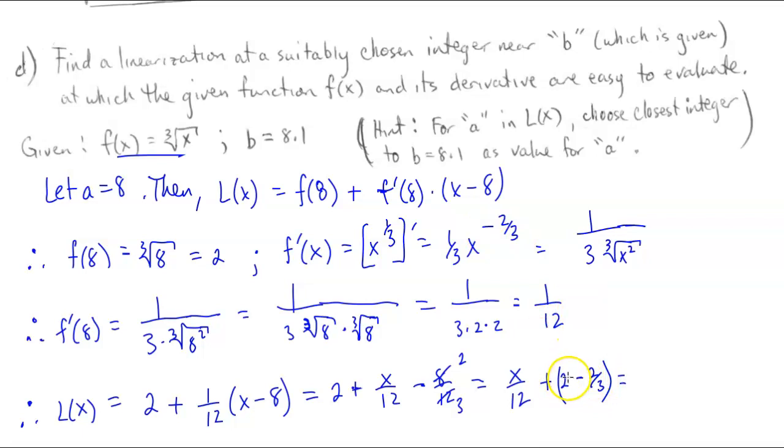We could rewrite 2 as 6 divided by 3. And so now our final answer here just ends up being x divided by 12 plus 4/3. And that would be the line that approximates what cube root of x would act like near x equals 8.